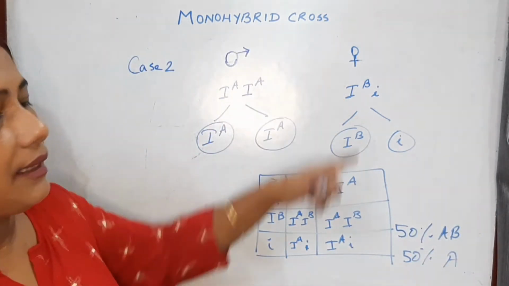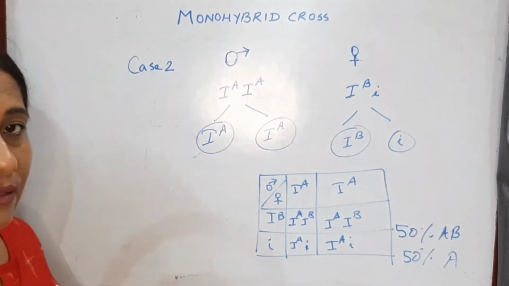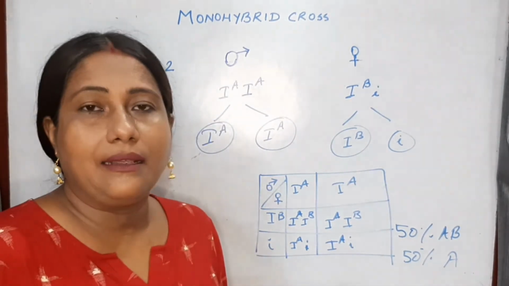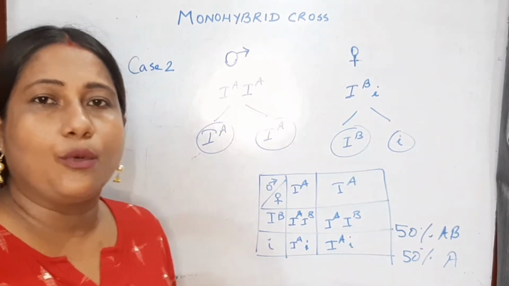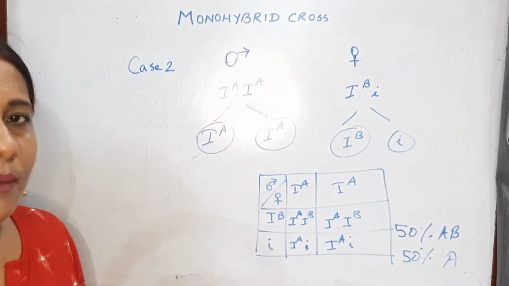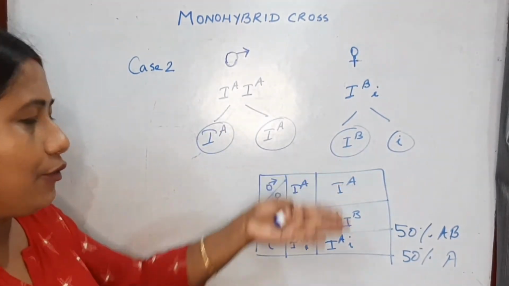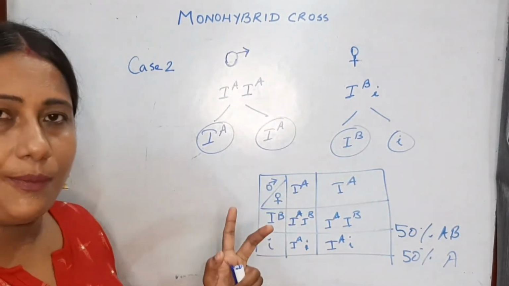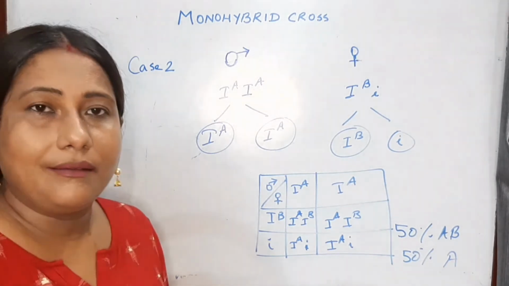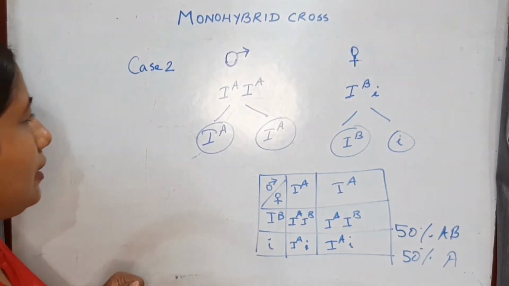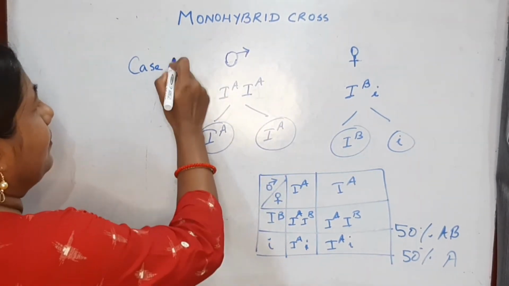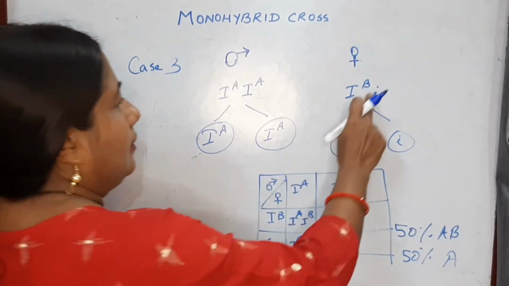In the case where the female is heterozygous. Case 3: the man is heterozygous, the woman is homozygous. So what will be the probability? Guess and tell me. The same thing. Here it will reverse: 50% will be AB and 50% will be B. I'm just showing it here. Case 3. Right?